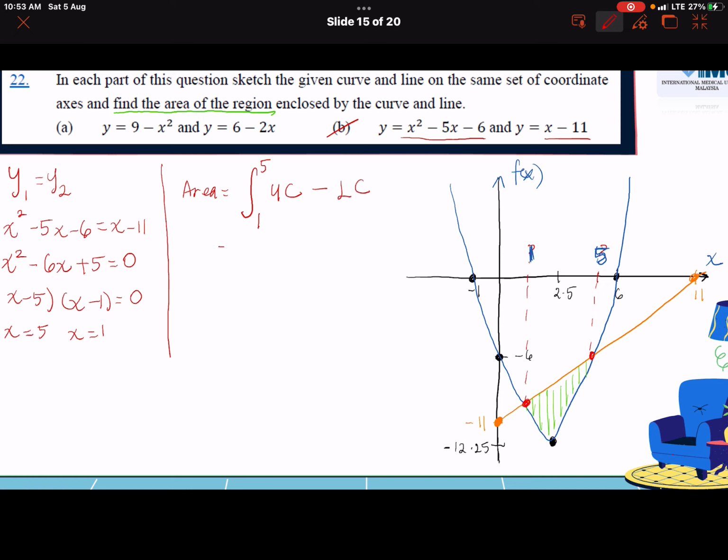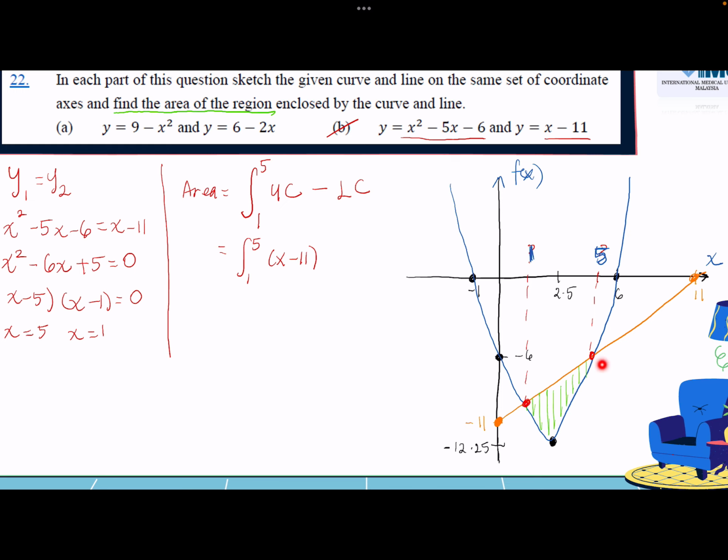Meanwhile, the lower curve is basically the equation of the quadratic. So I'm going to put x minus 11 because it is the equation at the top of your area, minus your quadratic x squared minus 5x minus 6. Now, simplify accordingly.